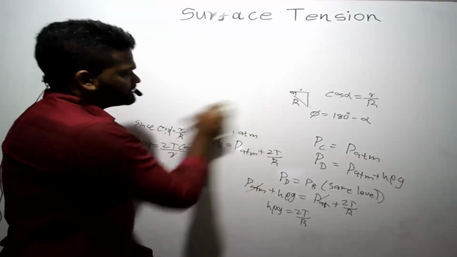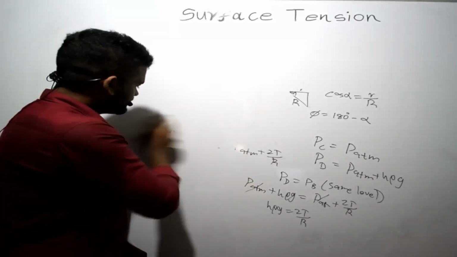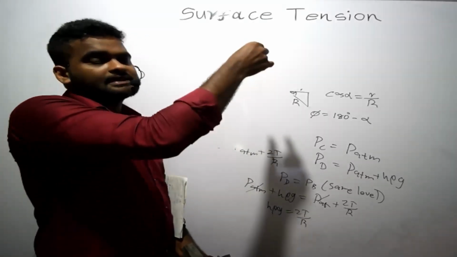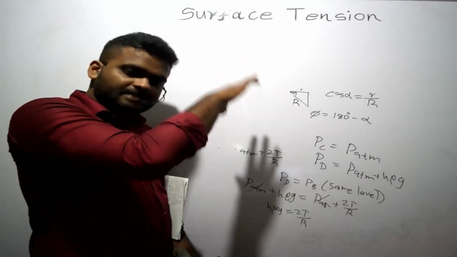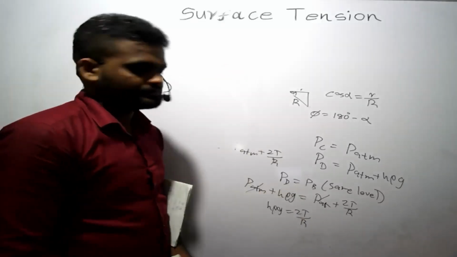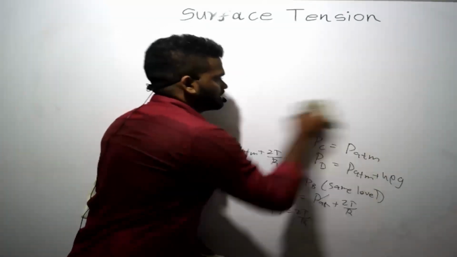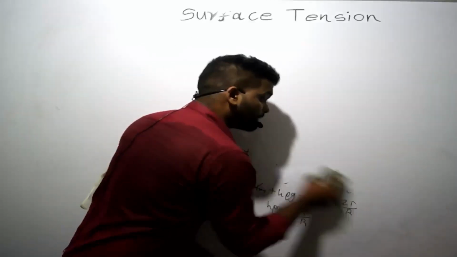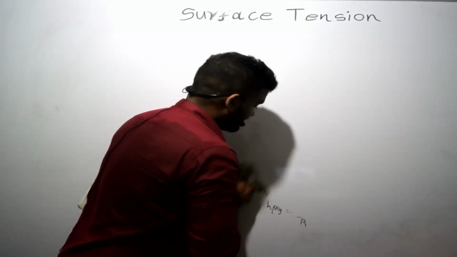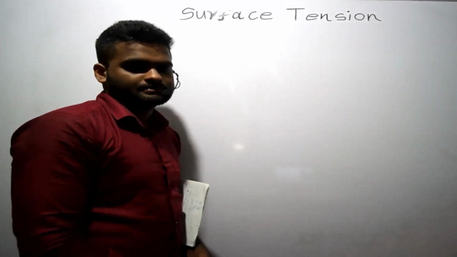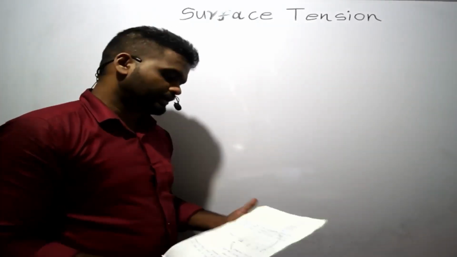In the next part, we are going to discuss what if the length of the capillary tube is not sufficient to contain the capillary rise. What happens if the length of the capillary tube is not enough to contain the capillary rise, right?